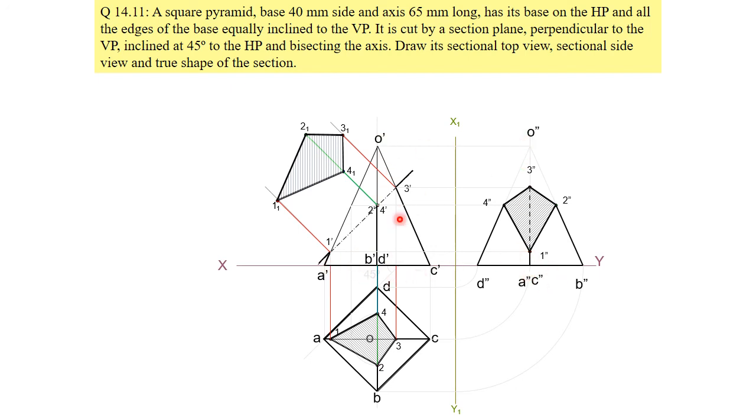Draw it, and it will cut over here at A dash O dash. So here this is 1 dash, 1 double dash. Join all these points, and we need to darken all of the sectional view. After darkening, we need to hatch the cutting section.